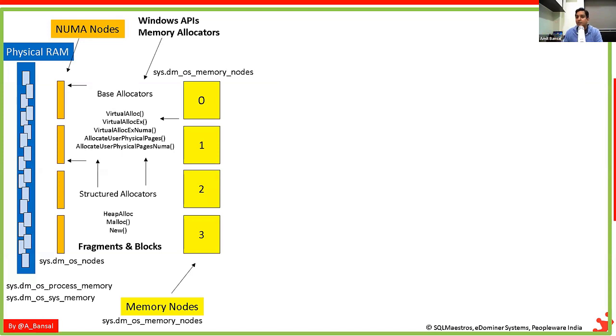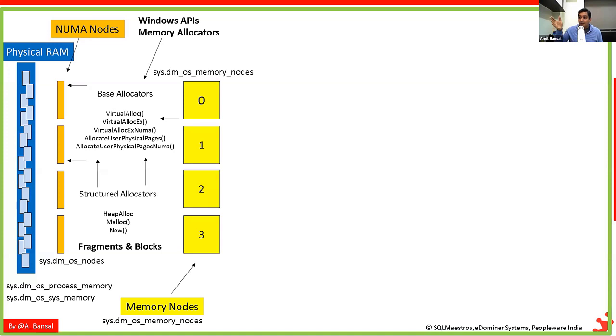In most cases, it is VirtualAlloc that happens, because the allocation happens via the virtual address space. So these base allocators and structured allocators are being called. If you're really interested, fire up WinDbg and try to load a big table, and you can see that VirtualAlloc and VirtualAllocEx are called in Win32.